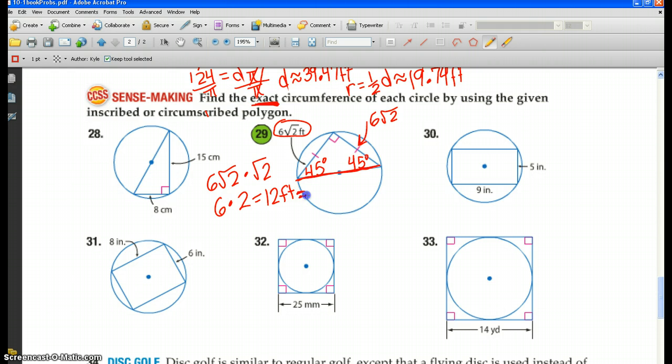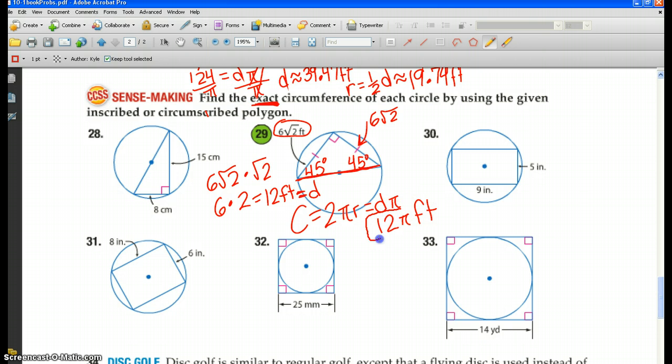And that would be our diameter. So find the exact circumference. The circumference, which is 2 pi r, which we can also write as just diameter times pi, would be 12 times pi, 12 pi feet.